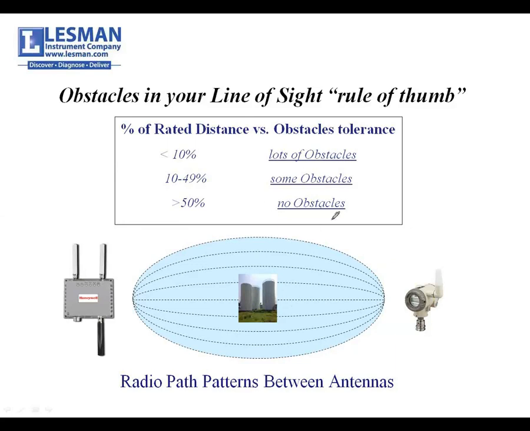Little rule of thumb here, more obstacles, the less distance, because it's costing us power as it's bouncing and being consumed. If I was to take this tank farm in the middle and push it very close to one side or the other, I may in fact have issues. And then we need to talk about moving antennas and getting around these things. When it's out in the middle, it's typically not a problem in any way.